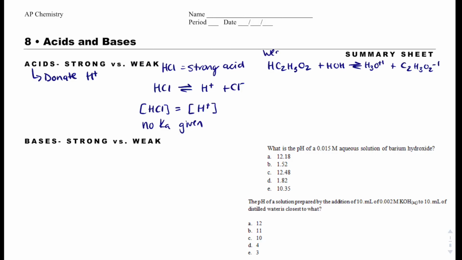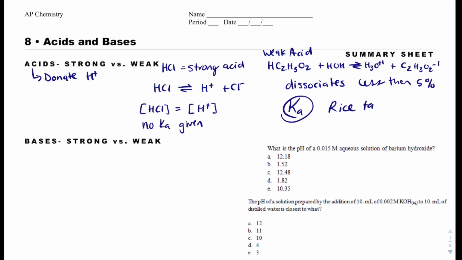And so because of that, it dissociates or reacts less than 5%. Now, we have to solve for the percent ionization if we want to know the exact percent, but it's going to be around 5%. It's not going to be a lot. Okay, and so I'm going to need a Ka to be given, and I'm going to use a RICE table.